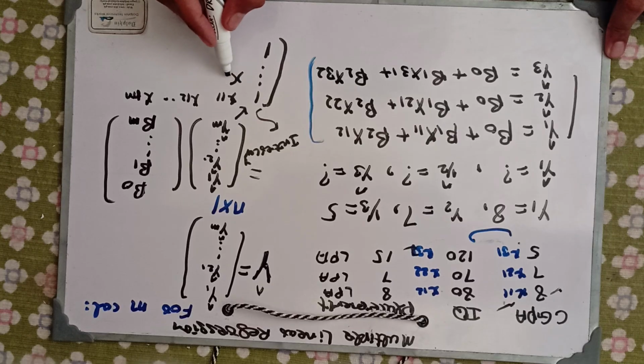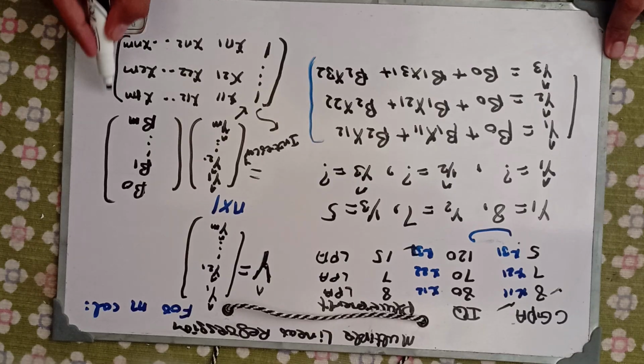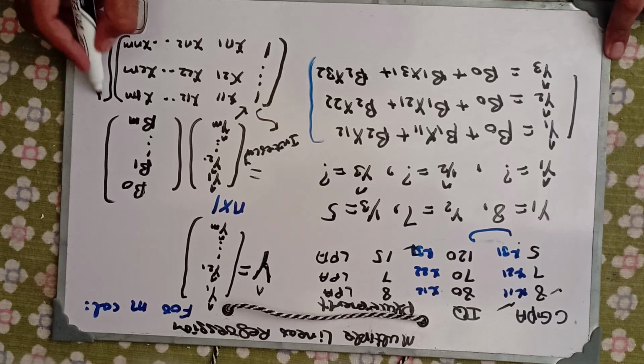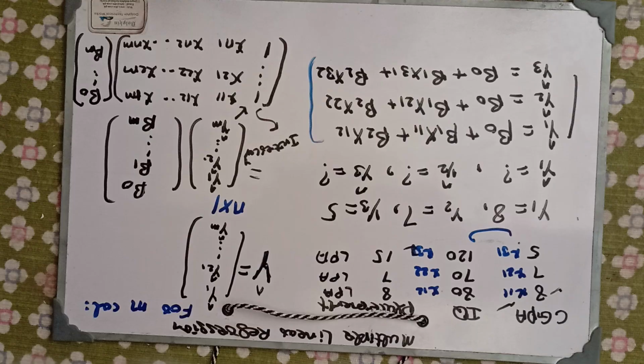In the same way we have x 2 1, x 2 2, and then x 2 m. In the same way we have x n 1, x n 2, up to x n m. If we multiply these values with these beta values, then first of all let's write their order as well. Its order is n number of rows multiplied by m plus 1 columns.